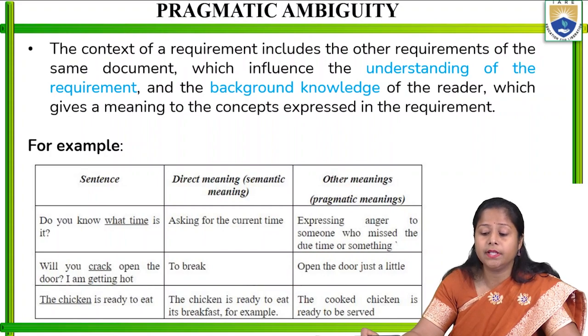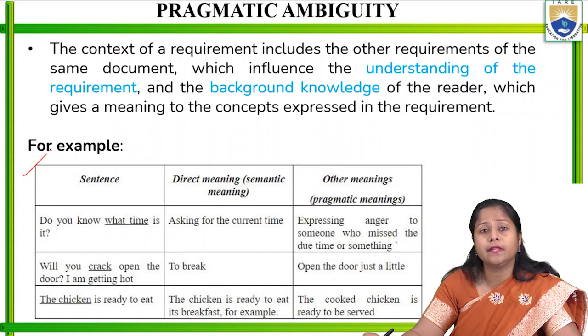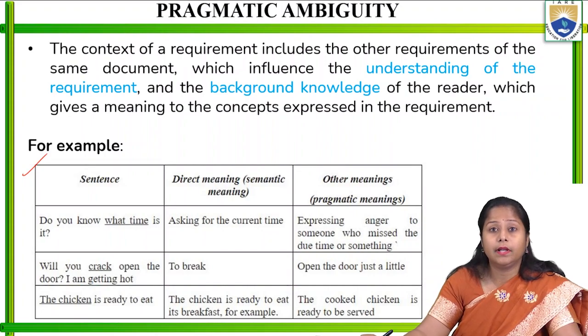So with the influence of the understanding of the requirement and the background knowledge of the reader, he is going to give a meaning to the concept expressed in the requirement. Let's see an example with the table shown here. We will see how differently the same sentence will be interpreted by two persons.